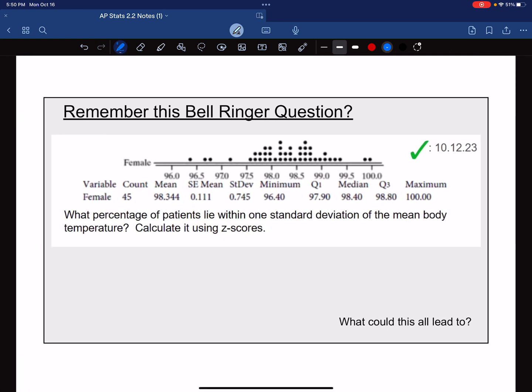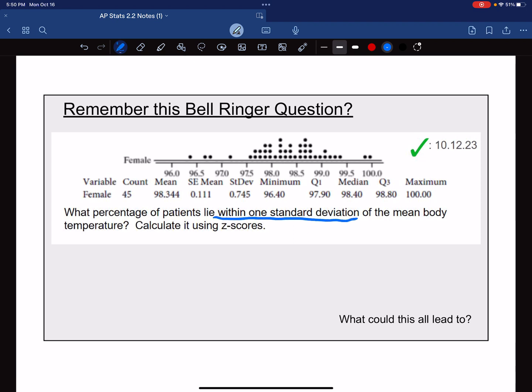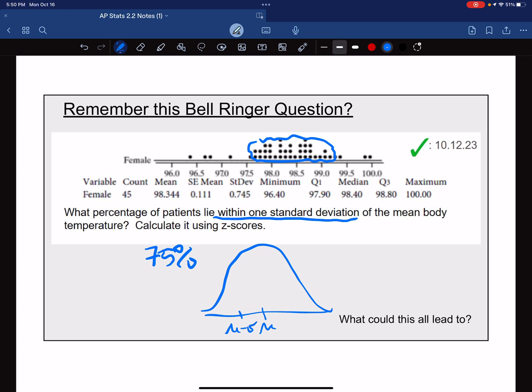So we did a bell ringer question a little bit ago where we took the test question and I asked you, can we study this plot? And we ended up collecting and counting how many dots were within 1 standard deviation, which was a good majority. I think we got around 75% or something. And we use z-scores. So basically what we said was, with this knowledge that we have, this is plus or minus 1 standard deviation from the mean.